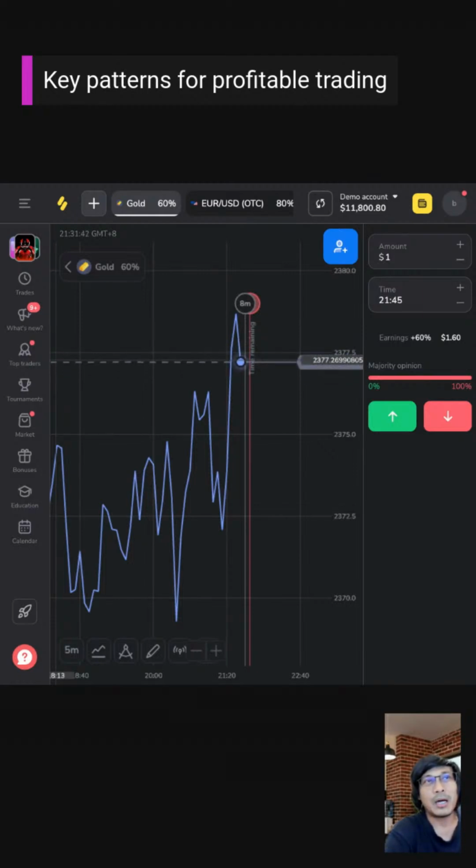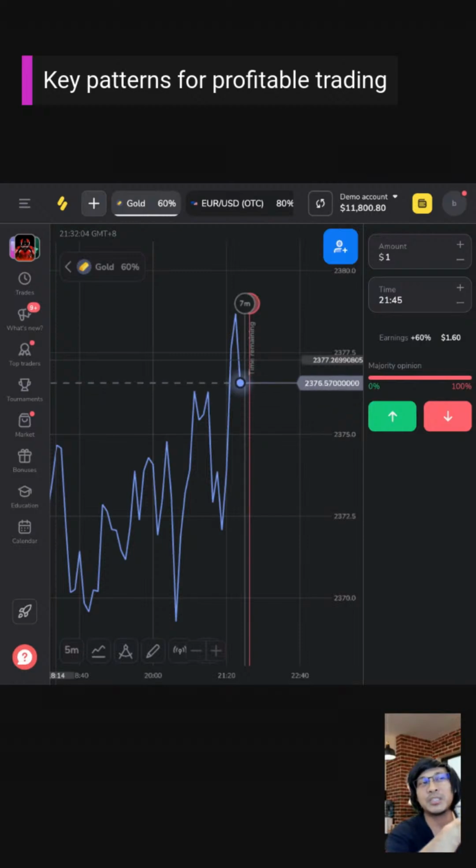Although there are a lot of candlestick patterns out there, the patterns that I'm going to mention today are actually a group of patterns. You have heard of patterns like head and shoulders, double tops, double bottoms, wedges, triangles, channels, flags, and other candlestick patterns.